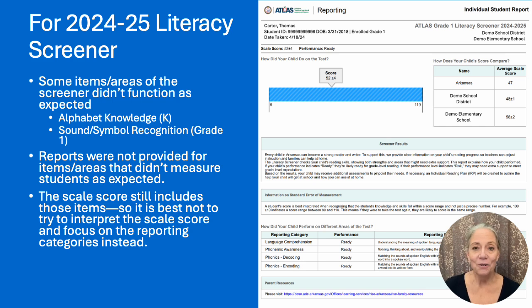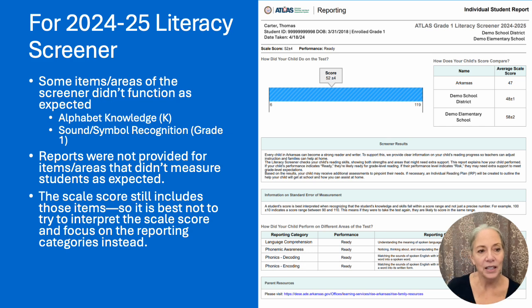Now, because the literacy screener, particularly at grades kindergarten and grade 1, because we had to drop some items, the overall scale score is not as meaningful, shall we say. What we really want you to focus on are the reporting categories at the bottom.